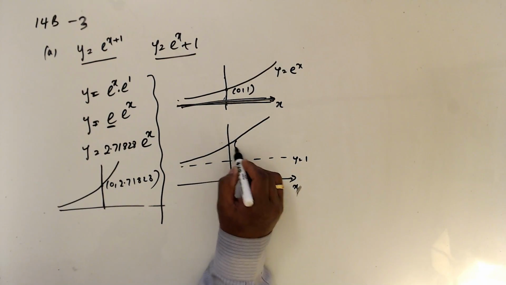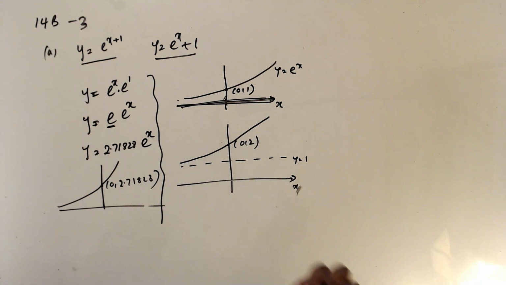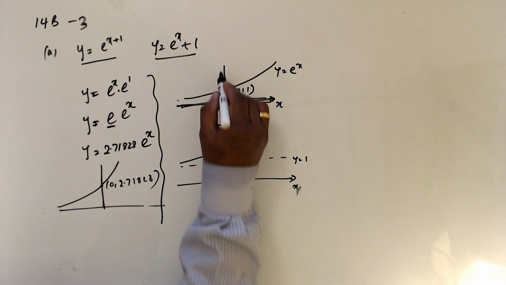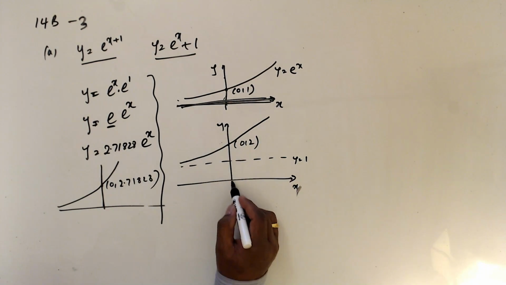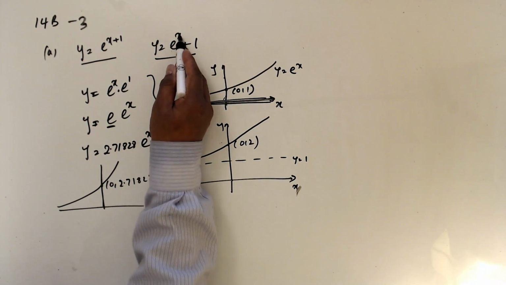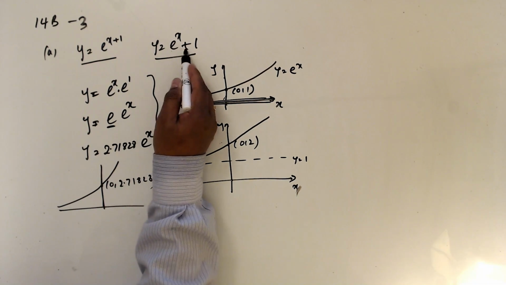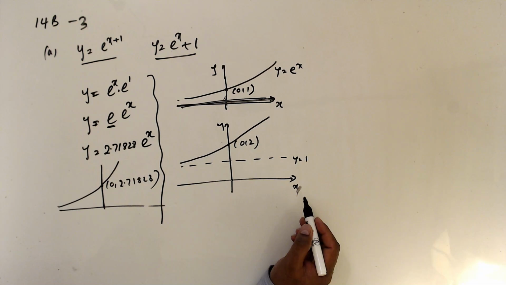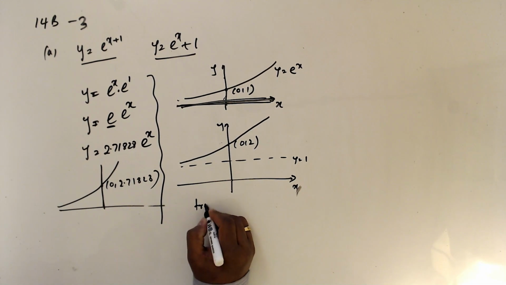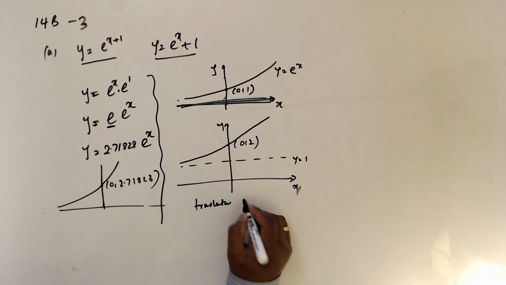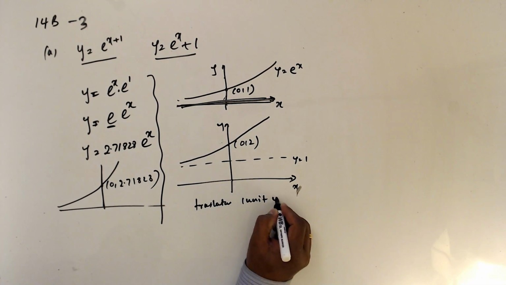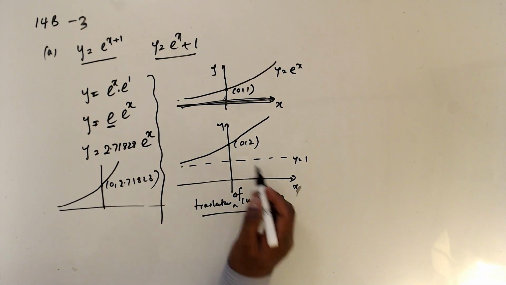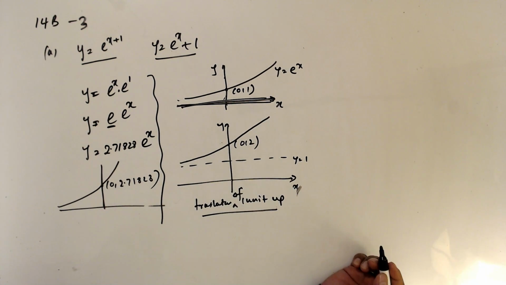So this is going to be (0, 2). You can check: when x equals 0, e^0 is 1 and 1 plus 1 is 2. Yeah, that's fine. So this is a translation of 1 unit up of the e^x graph.